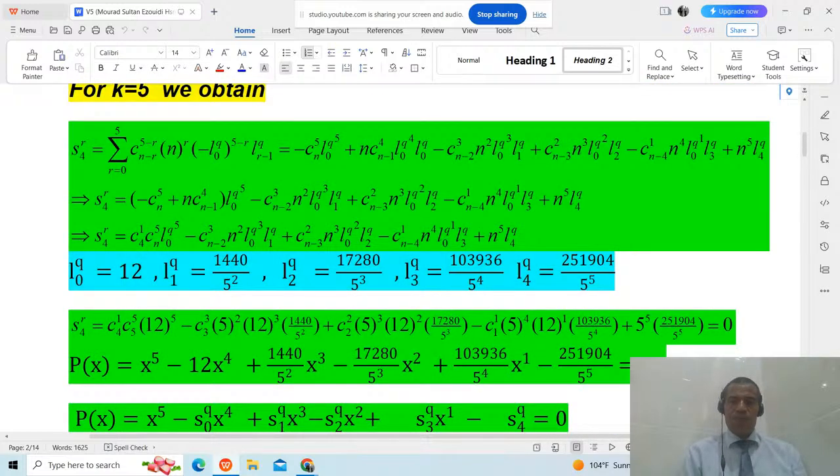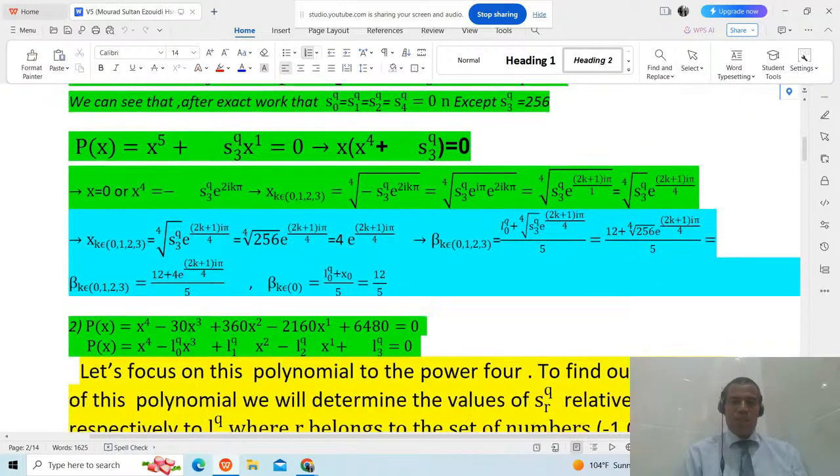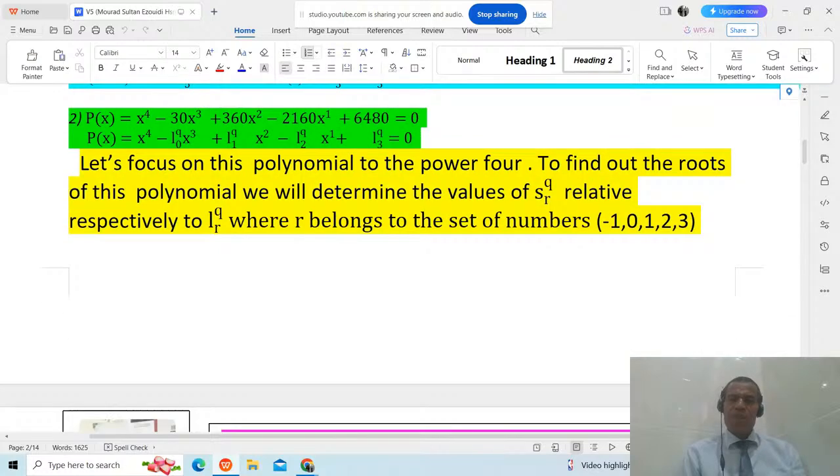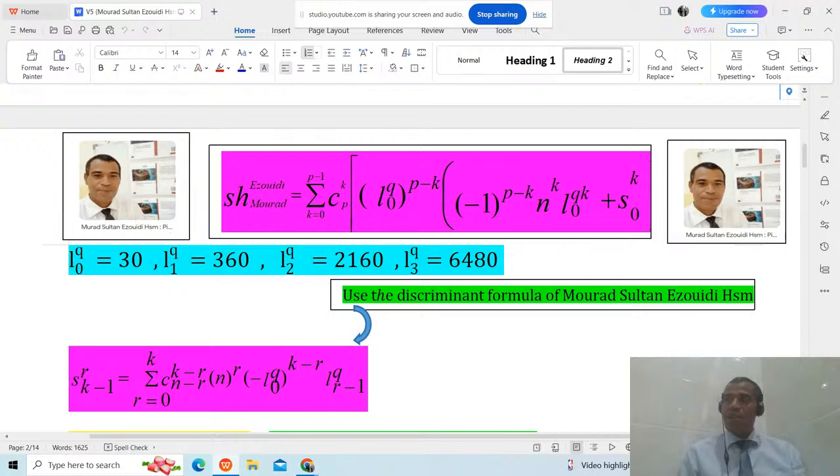And we applied the discriminant formula of Murad Sultan Swedi, and we got our roots with no error estimation, which means there is no error estimation in my calculation and also no approximation in the roots. Therefore, learners, we just summarize.